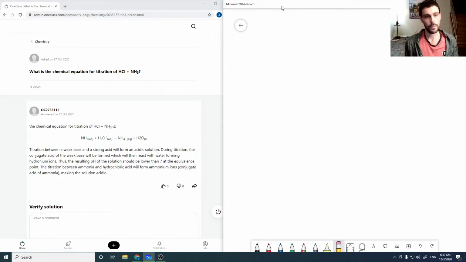In a titration of HCl and ammonia, what is the chemical equation which describes the titration? In this case, we have a strong acid. Pretty much all hydrogen halides are strong acids except for HF. And this is a weak base.